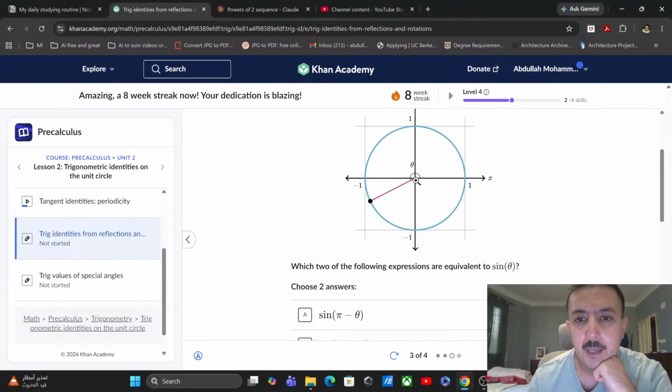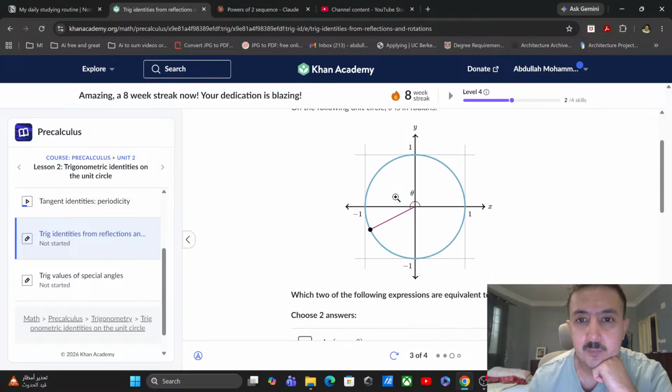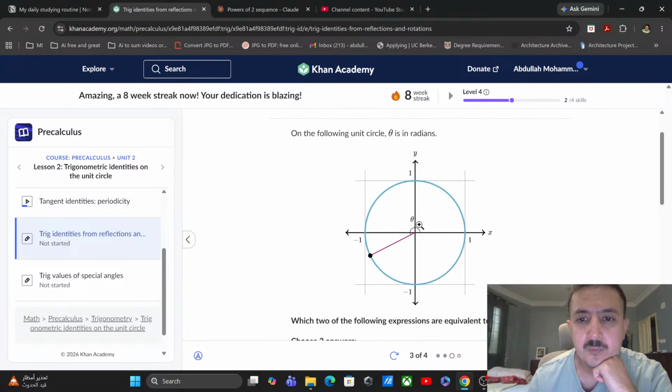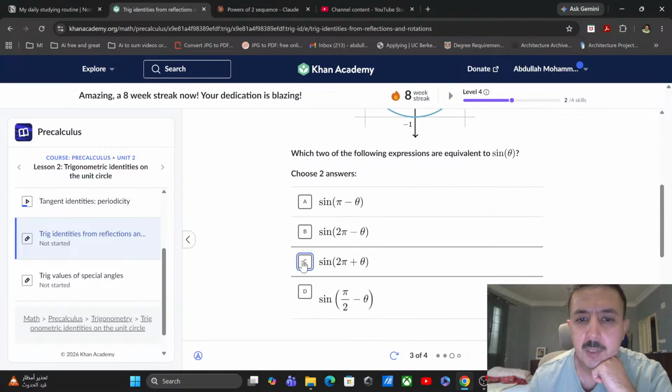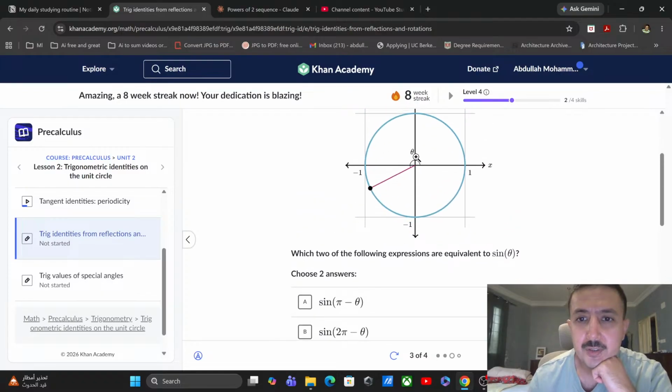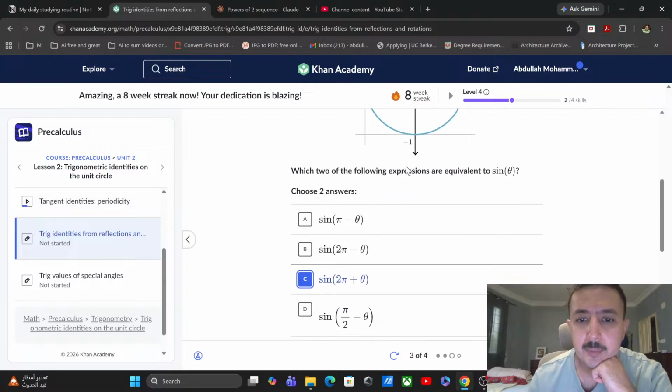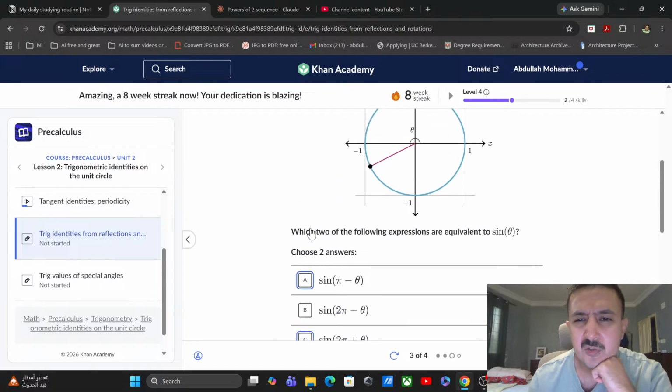Are we going? Plus, because this is the theta, it's going to be, nope, not this one. Nope, nope, nope. I need sine to be, which here is theta.